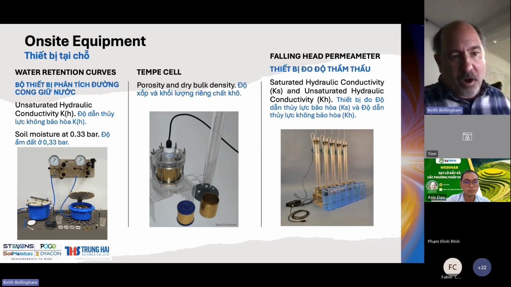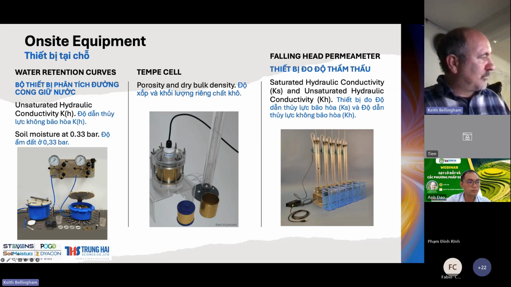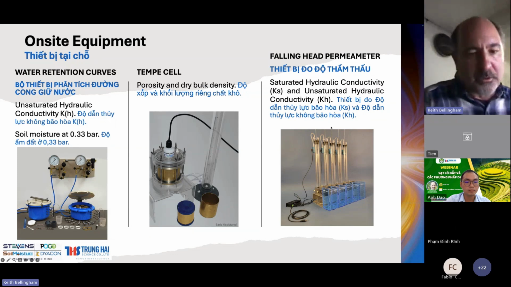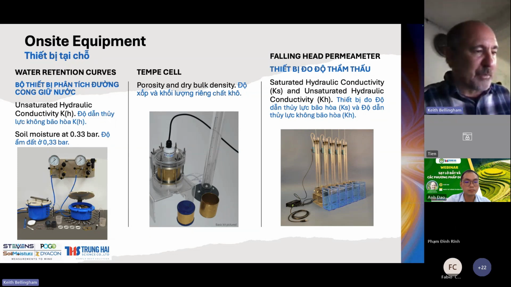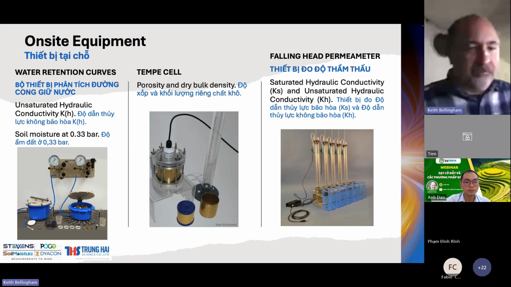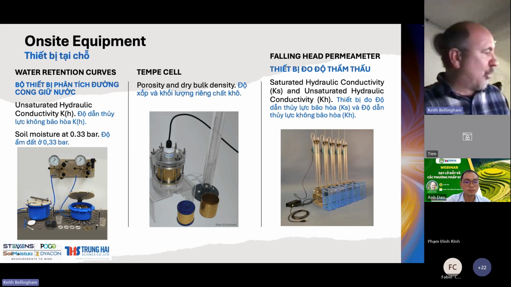So Darcy's law can be used, and this equipment together can be used to calculate and measure the saturated hydraulic conductivity, which in turn can be used to calculate the unsaturated hydraulic conductivity with the water retention curve you get. And then this analysis will help you make an apples to apples comparison of the drainage properties of the soil.